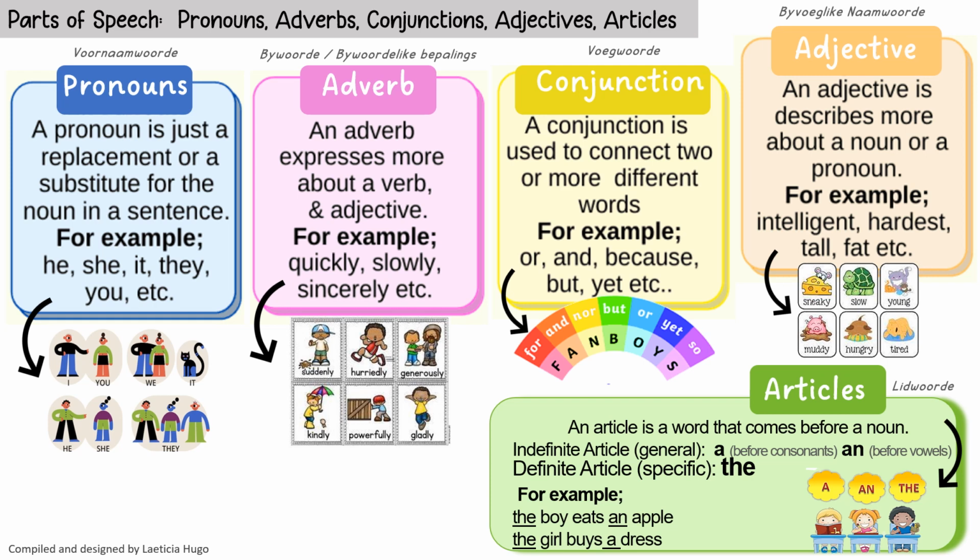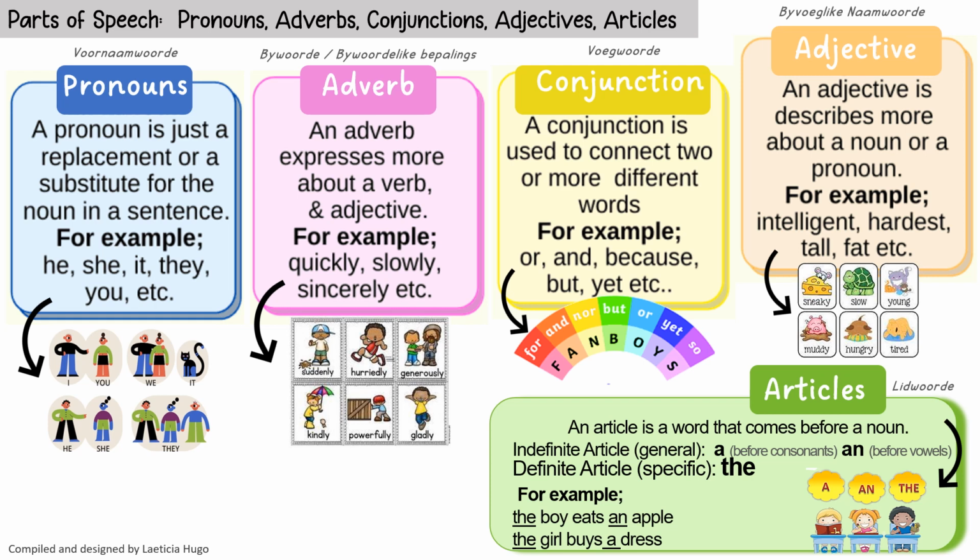A pronoun is just a replacement or a substitute for the noun in a sentence. For example, he, she, it, they, you, etc. So when we write something or we speak, we use he, she, or it to apply it to the noun. Remember the noun, we said it can be a person, a place, an animal, or a thing.